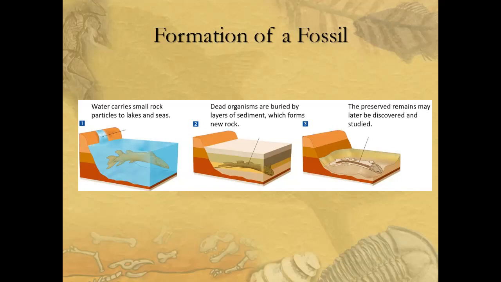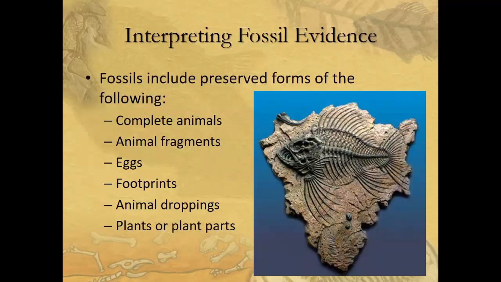So, what types of pieces of organisms actually form these fossils? Well, fossils include preserved forms of all sorts of different things, ranging from complete animals like you see here, which is actually pretty rare, to animal fragments, which is far more common.